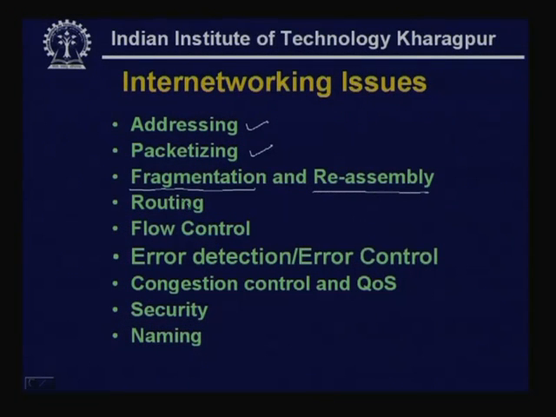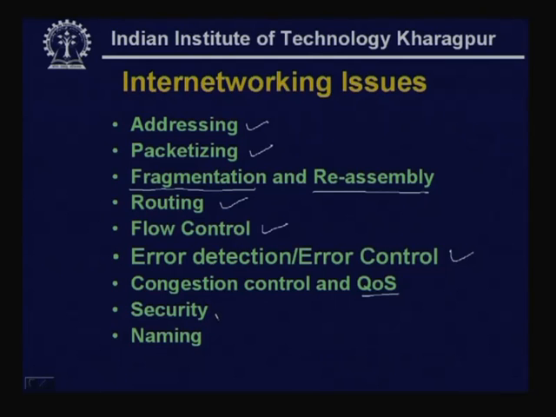So it will be necessary to perform fragmentation and reassembly. Then, as I have told, you have to do the routing as the packet passes through a sequence of networks. For the purpose of reliability, it will be necessary to do flow control, error detection and error control. It will also be necessary to perform congestion control and to ensure quality of service.